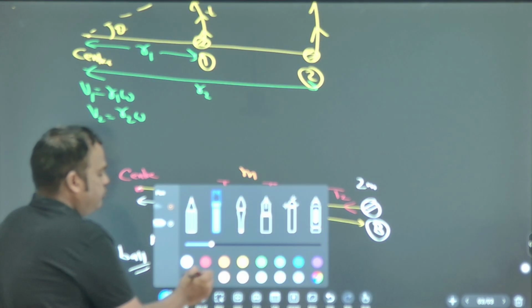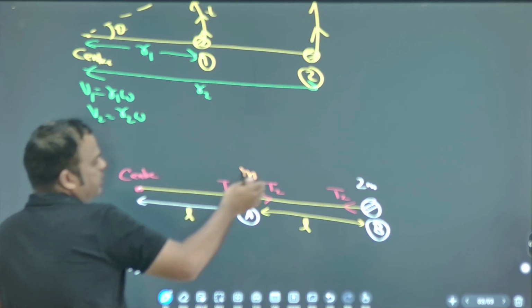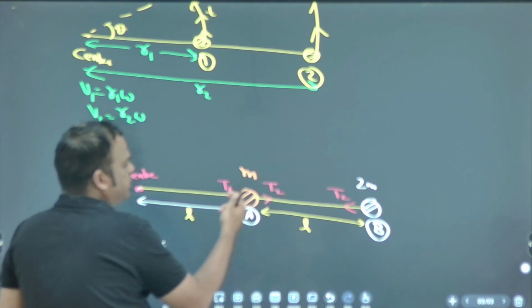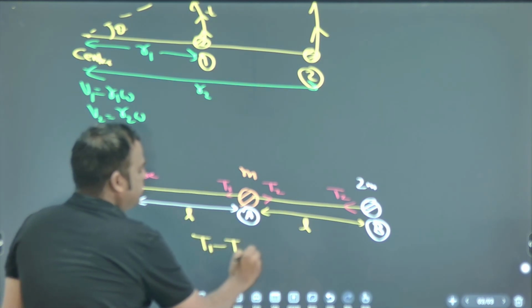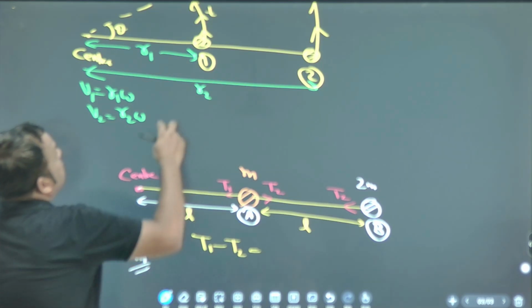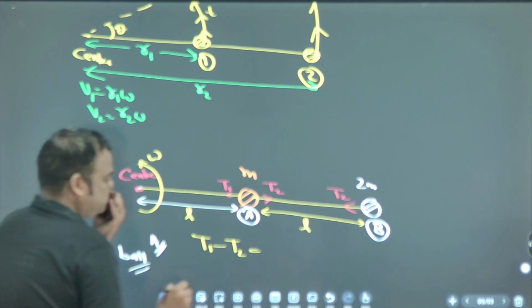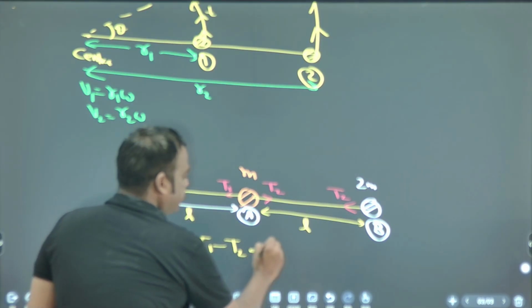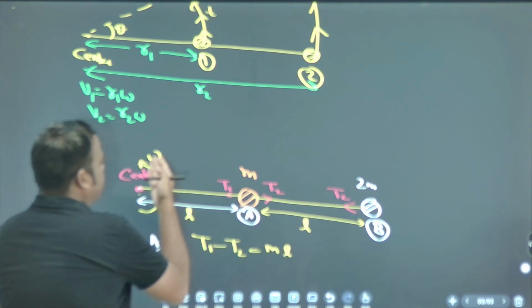Tell me what is the force towards center? T1 is towards center, T2 is away from center. So what is the net force? T1 minus T2 is equal to mr omega square. What is r? L. So T1 minus T2 is m L omega square.